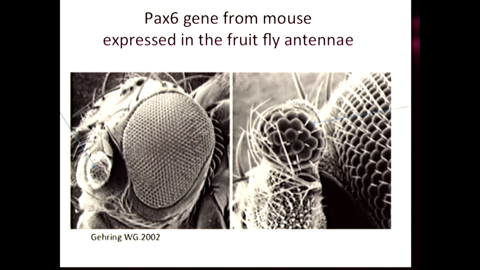So back to normal. If you turn this gene on in cells where it usually isn't, such as the antennae, this gene was also sufficient to turn the antennal cells into, this is not a functioning eye, but eye-like cells, okay?